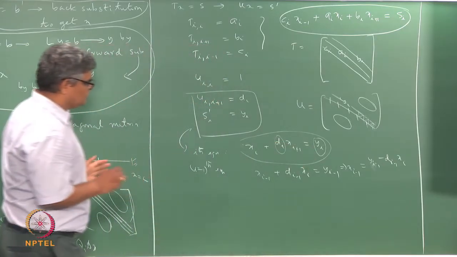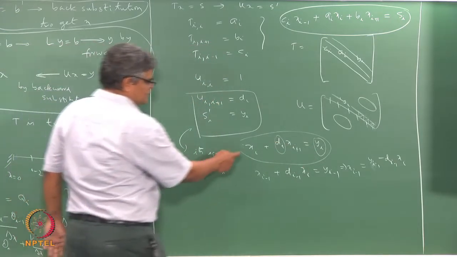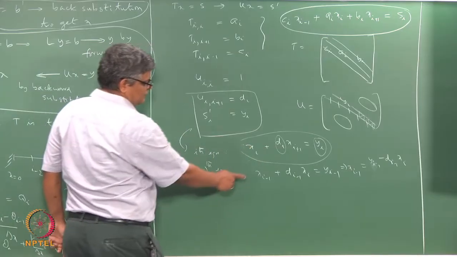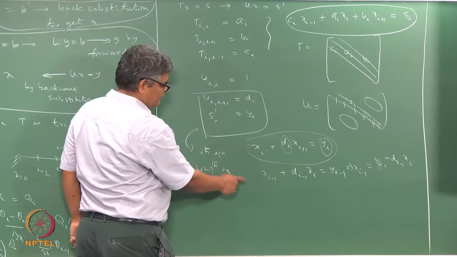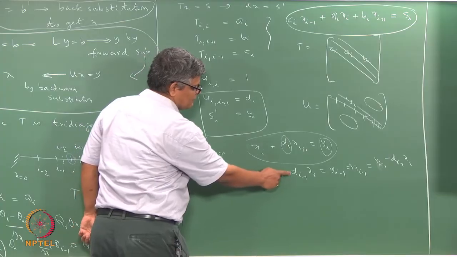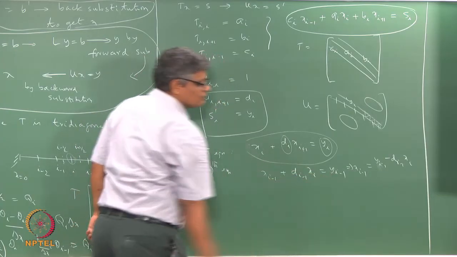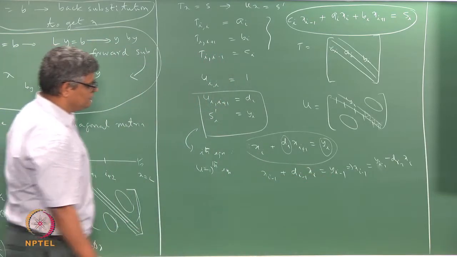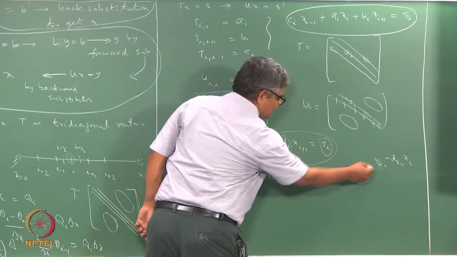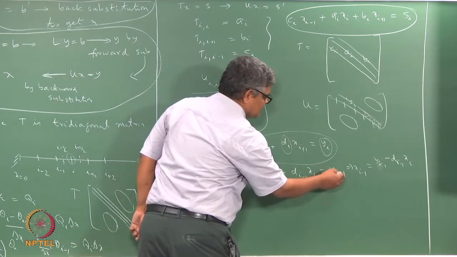So what we are doing is that if this is the form of the ith equation, we are saying that the form of the i minus 1th equation is xi minus 1 plus di minus 1 times xi equal to yi minus 1. So this equation allows us to write xi minus 1 equal to this minus this.